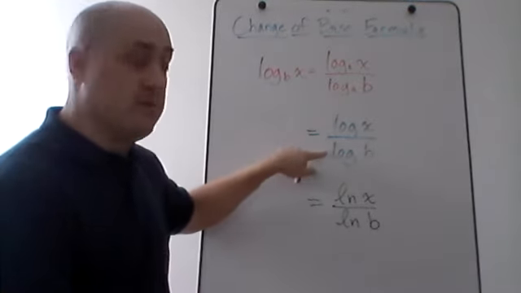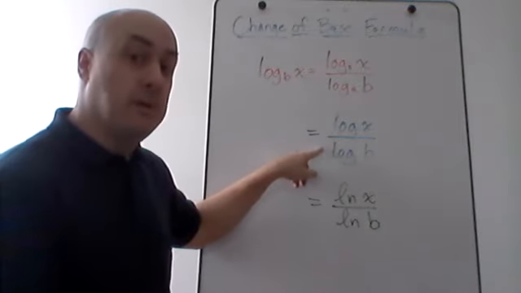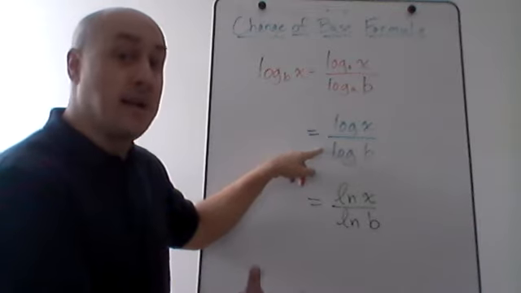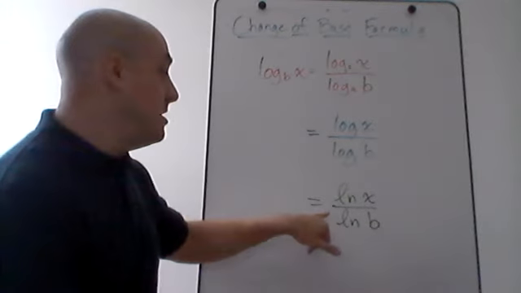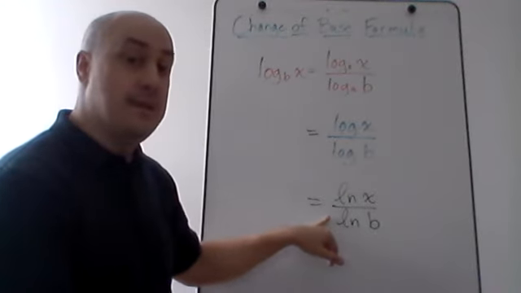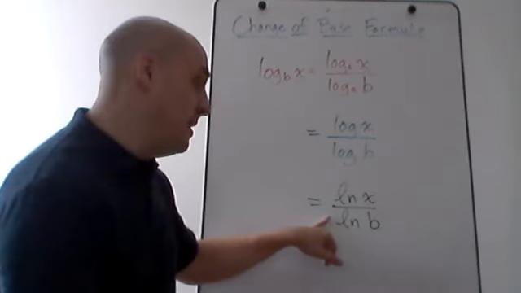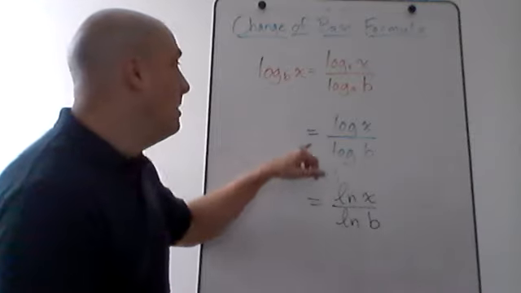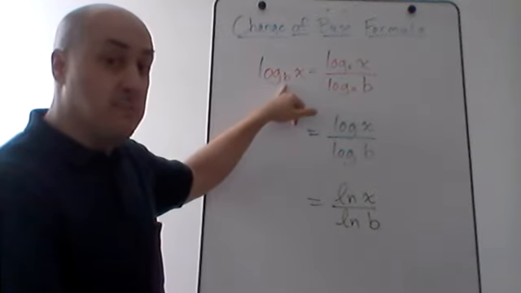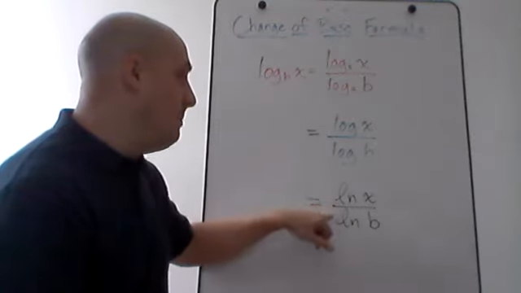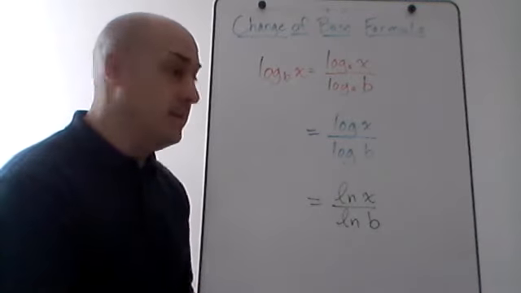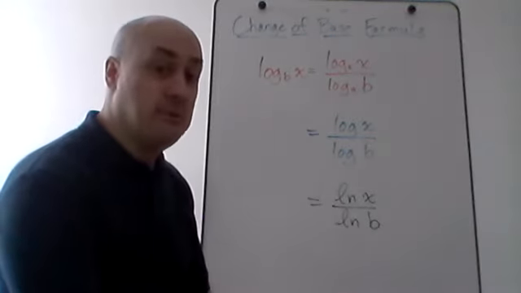Either log of x over log of b, where I'm using the common logarithm with base 10, which every scientific or graphing calculator has that common log button, or I change it into the natural logarithm with base e, ln of x over ln of b. And again, any scientific or graphing calculator has an ln button, so you can take a logarithm from whatever base you're given and change it to either the common or the natural log. Either one will give you the same result when you type this new expression into the calculator.